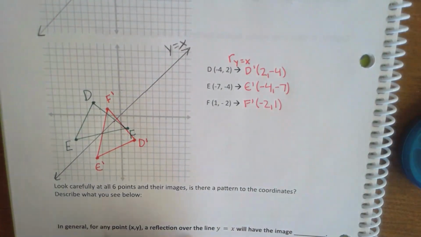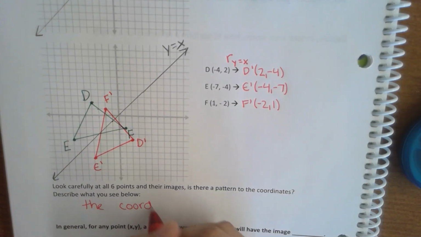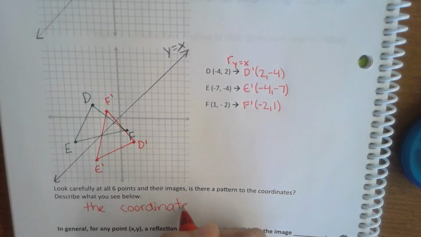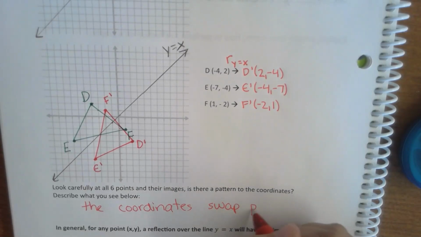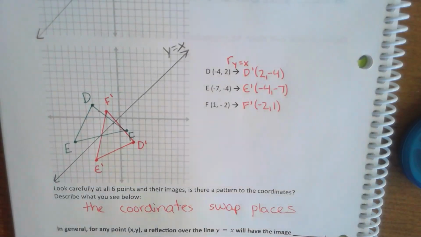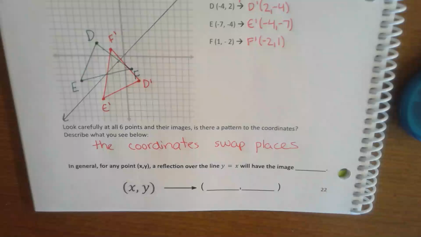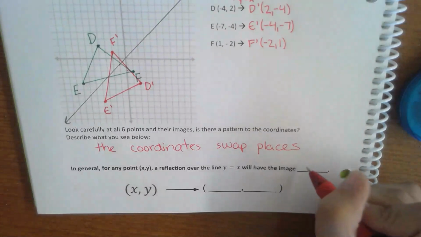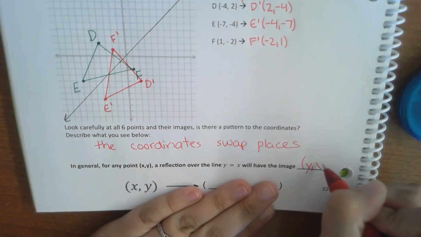So down here, describe what you see. The coordinates swap or trade or switch places. So a coordinate that starts at x, y, and then gets reflected over this line would end, flip those, at y, x.